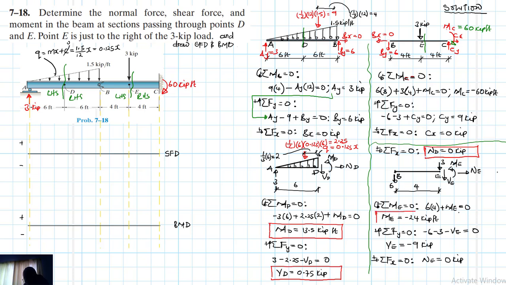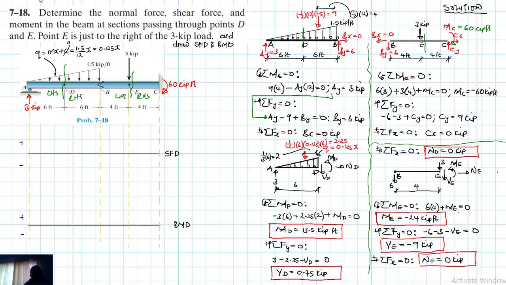Then we have ME equal to minus 24, and then we have VE equal to minus 9, and the normal force, which is just equal to 0. Great. So we have all this.